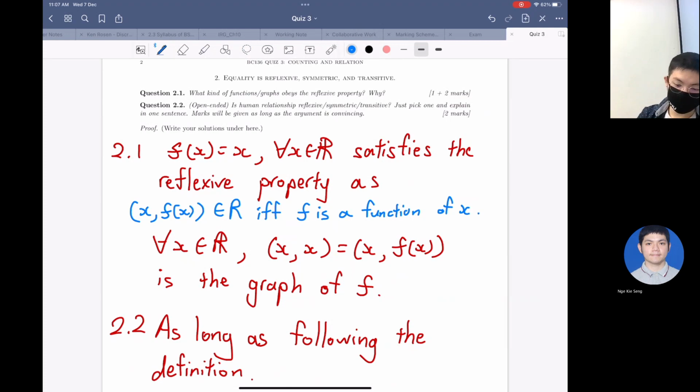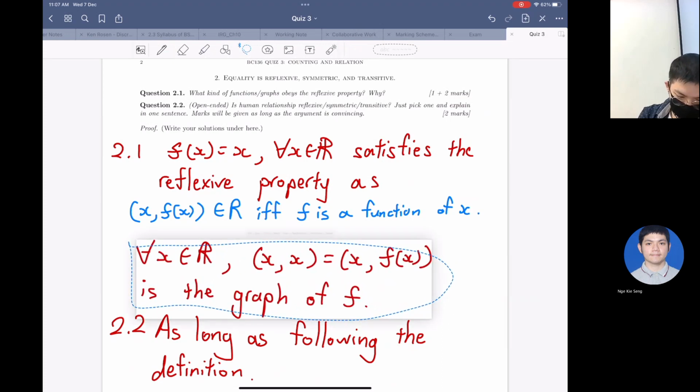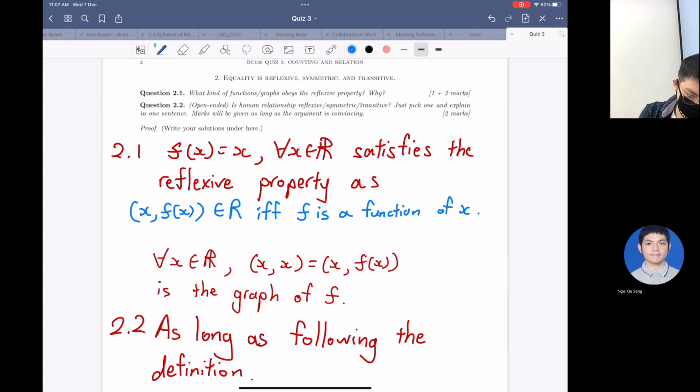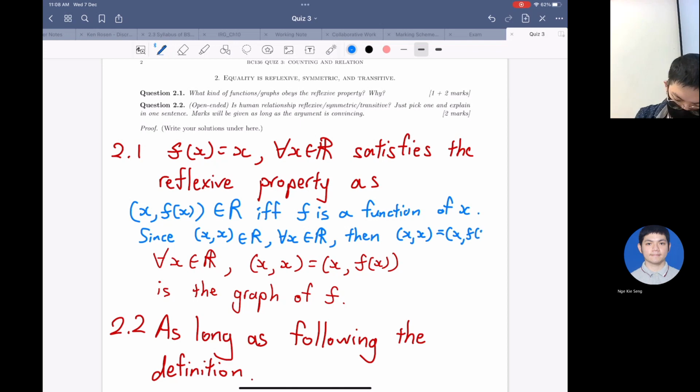Let me write more things so that you know what I'm doing. (x, x) is in R for all x in the set.